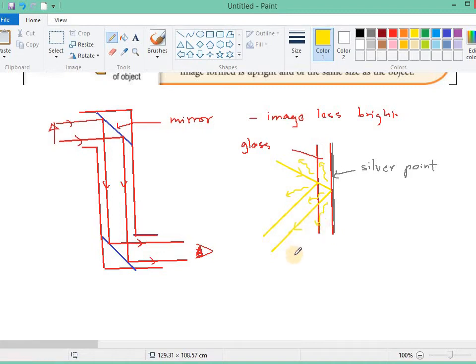So it causes the brightness to decrease. Brightness decreases because the light scatters in other directions. And another problem is you will get overlapping image.